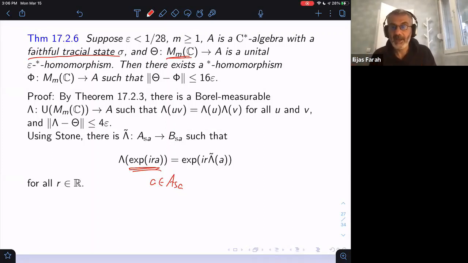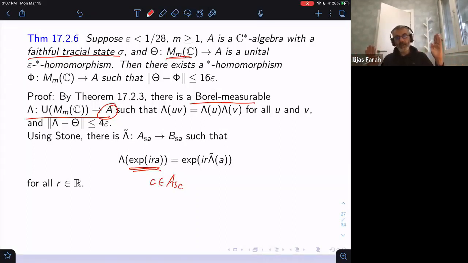How do I know that? And this is an important trick. So you see, we know that lambda is Borel measurable. Lambda is the limit of this sequence of better and better approximations. Now, A is a C*-algebra, but since lambda is Borel, the range of lambda is separable. So I can just take a separable subalgebra of A. And what do I have then?